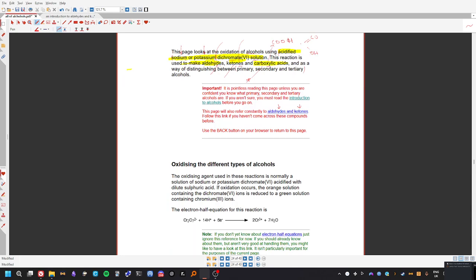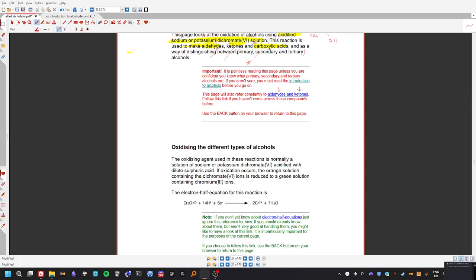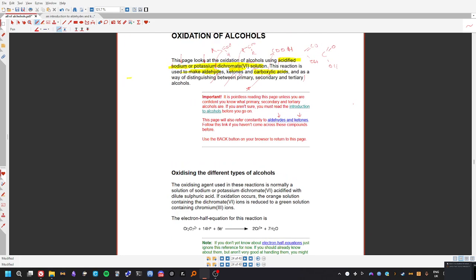Ketones are going to be your C double bond O bonded with two other alkyl groups, and your aldehyde is gonna be your C double bond O, bonded to an H and to your alkyl group. So those are gonna be your three things that form.